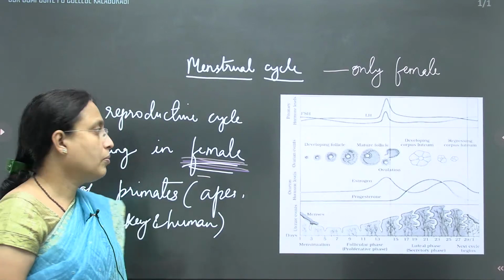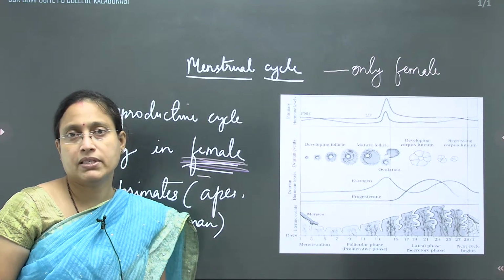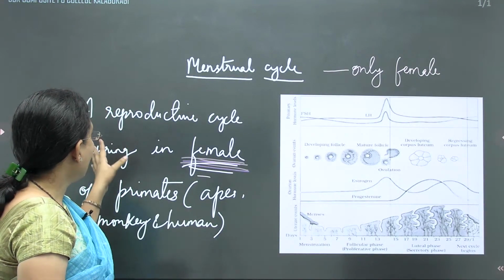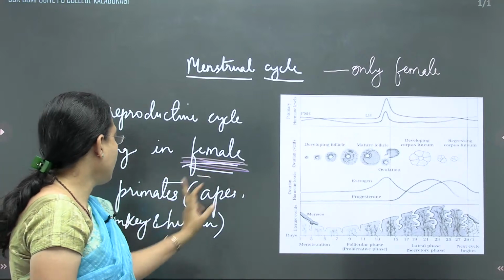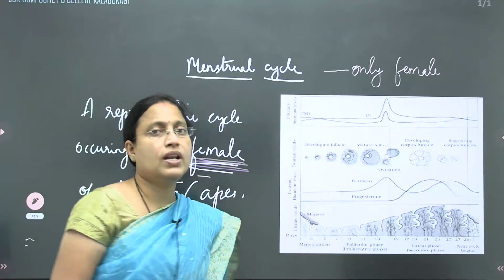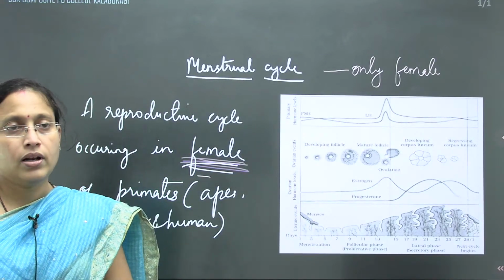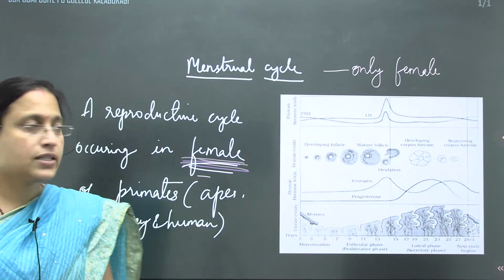They belong to a particular order in mammals. So the reproductive cycle that occurs in the female of a primate is called a menstrual cycle. Now, how is it characterized?